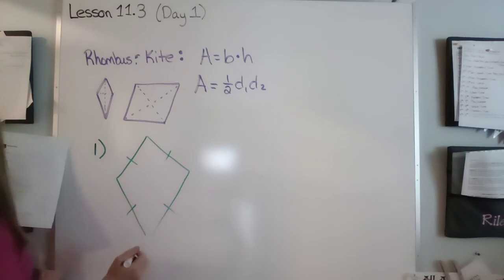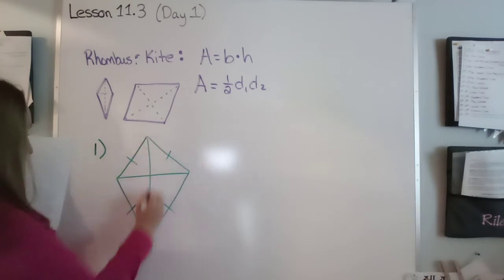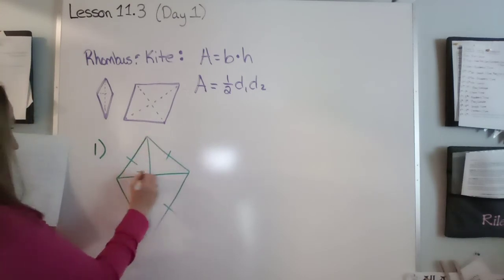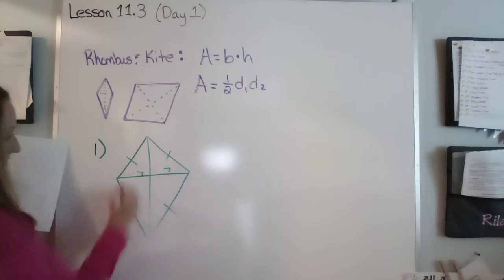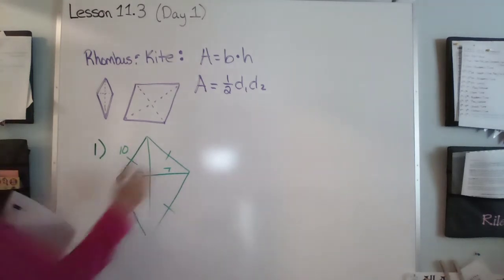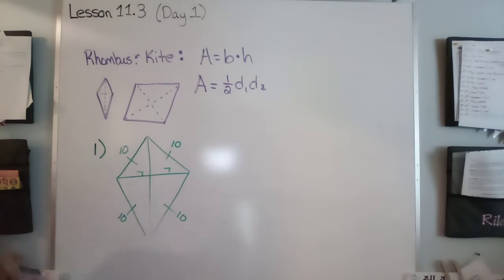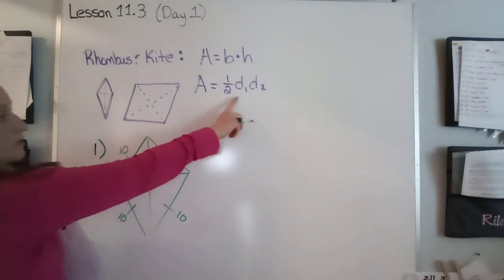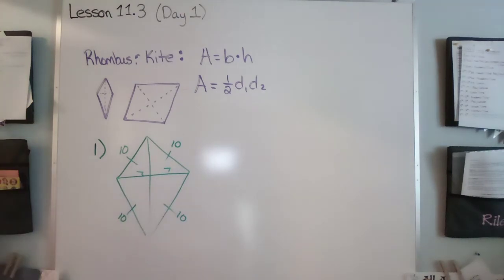All four sides are supposed to be congruent, and all the sides are 10. Then one diagonal is 7. So if I want to use the area is equal to 1/2 D1 times D2, I have to figure out the other diagonal length.